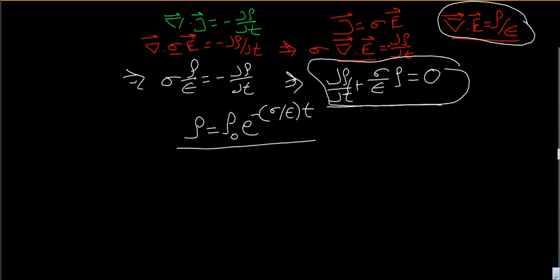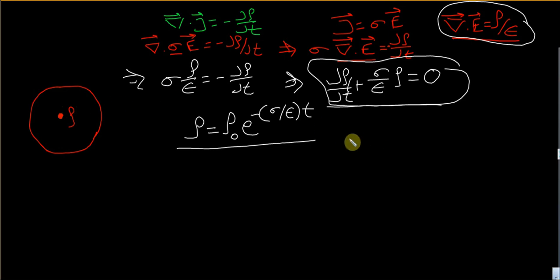So again, reconsider the problem which we have considered. We have a hollow conductor. If you put some amount of charge here, having some charge density, let us write the charge density here as rho. So this charge density will decrease.